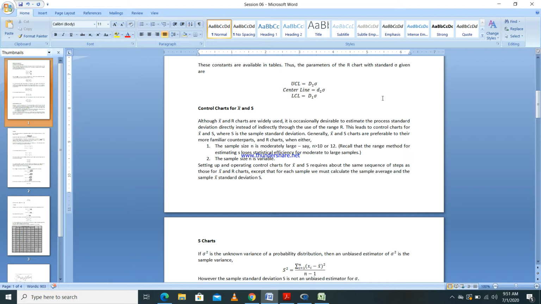At the same time, I told you, if your sample size is greater than 10, we prefer the S chart rather than constructing an R chart, because when you have a big data set, or a huge distribution, range is not a good estimator.